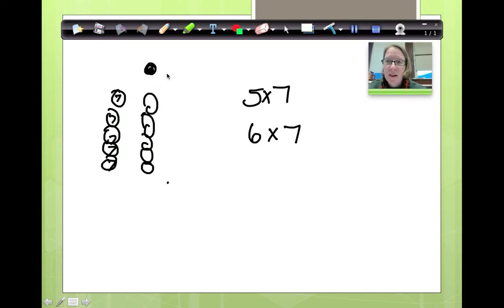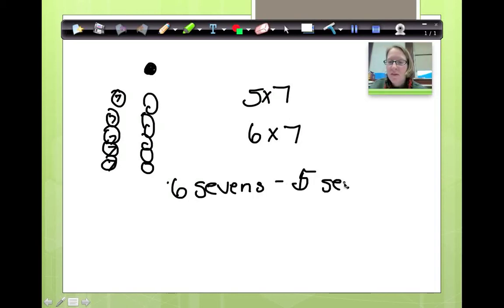So what's the difference between them? Say I wanted to subtract. What's the difference between 5 sevens and 6 sevens? So if I wanted to find that out, I could do 6 sevens take away 5 sevens, right? What is 6 take away 5?